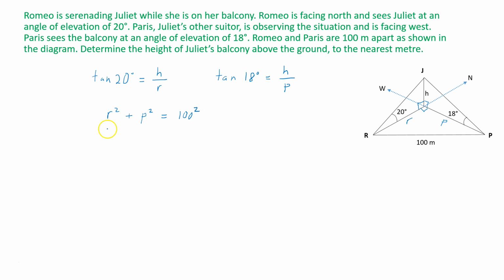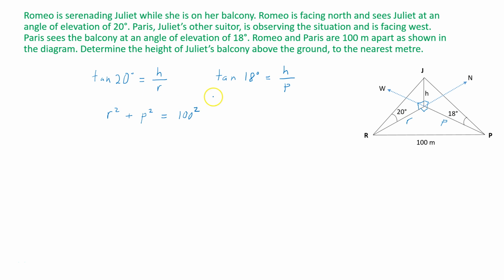So the two shorter sides squared added together is going to equal the hypotenuse squared. So the hypotenuse in this case is 100 meters. So now we have three unknowns. So we don't know the height, we don't know the value of r or the value of p.